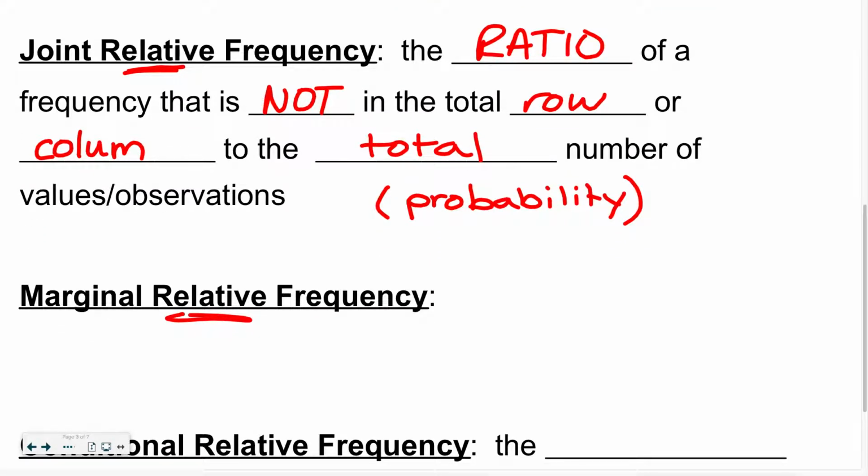The marginal relative frequency then is obviously going to be those things that are in the margins. Okay, the ratio related to the values in the margins to the total values.